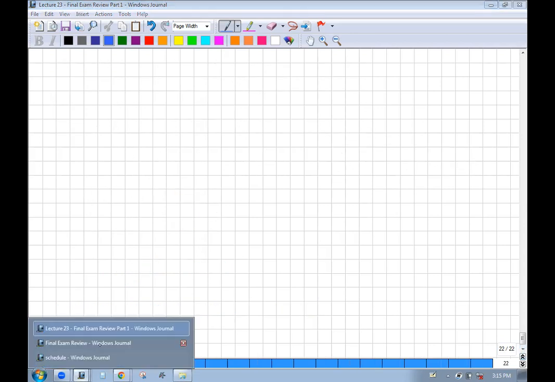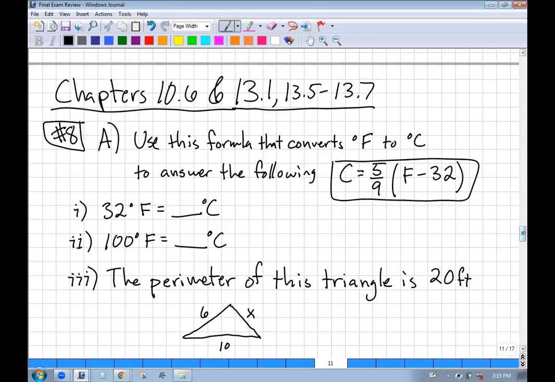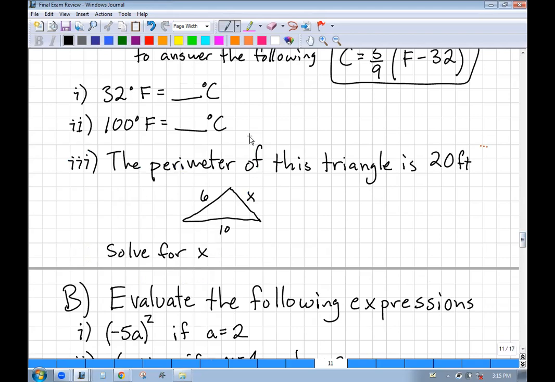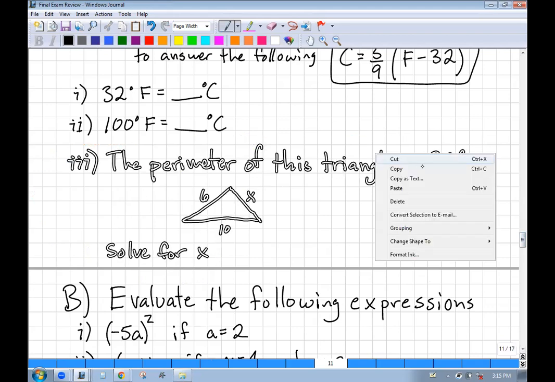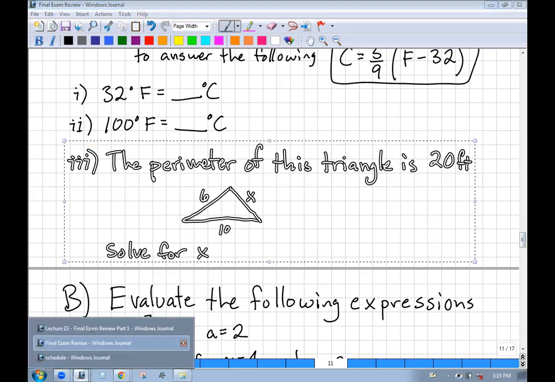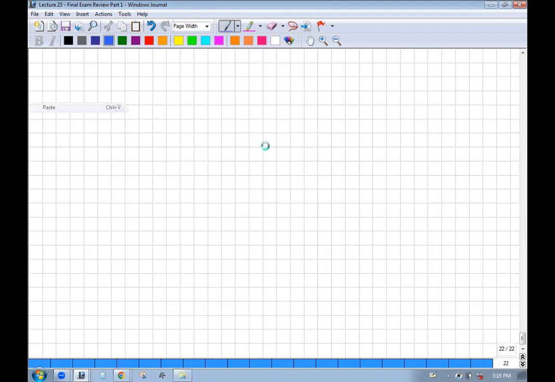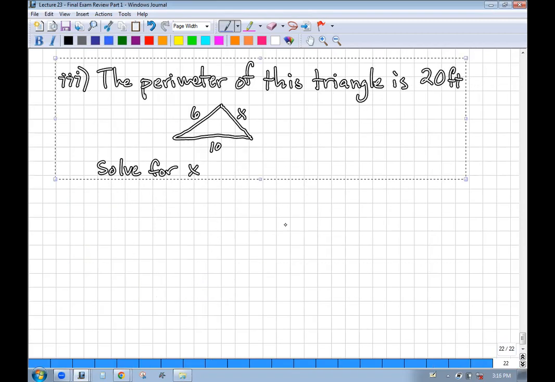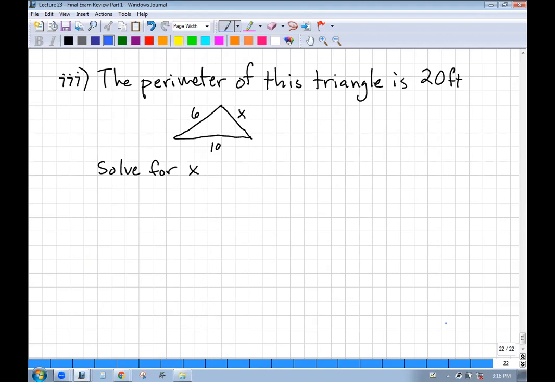Let's see here. Part 3. The perimeter of this triangle is 20 feet. Solve for x. Well, the perimeter is the sum of all the sides, 10 plus 6 plus x.